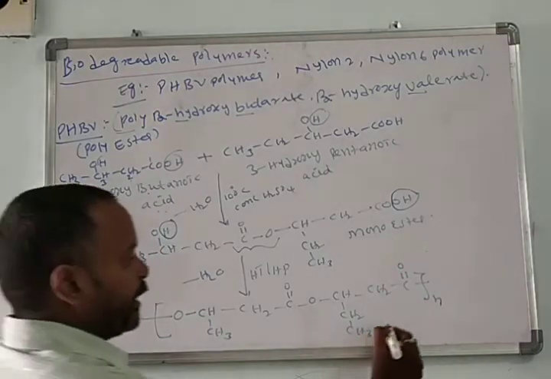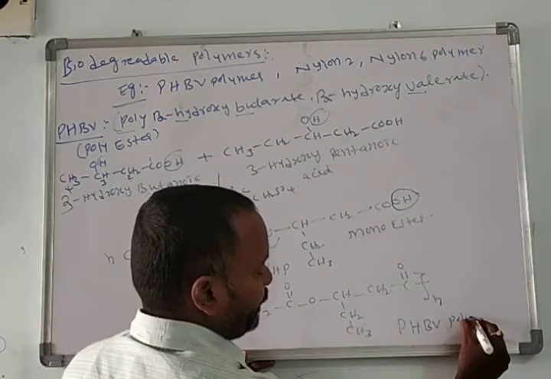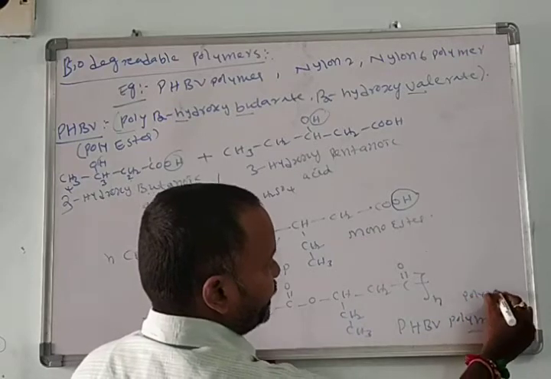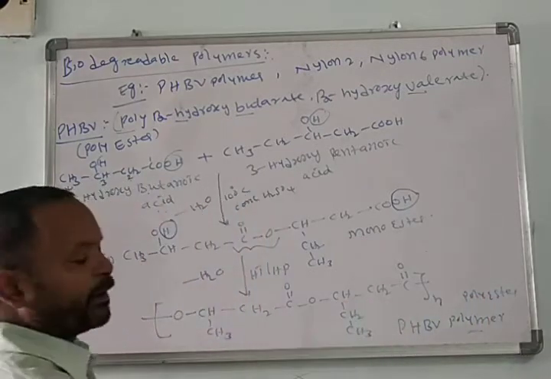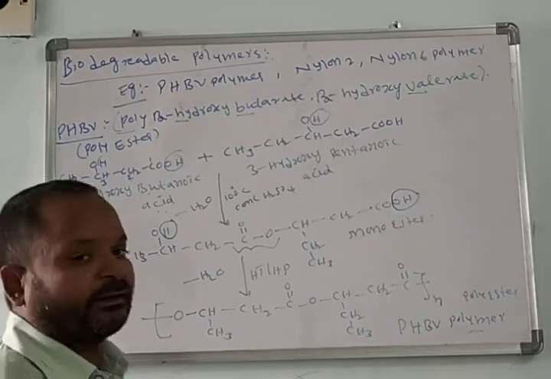This we call the PHBV polymer. This is a polyester. It contains a number of ester functional groups, so we call it a polyester.